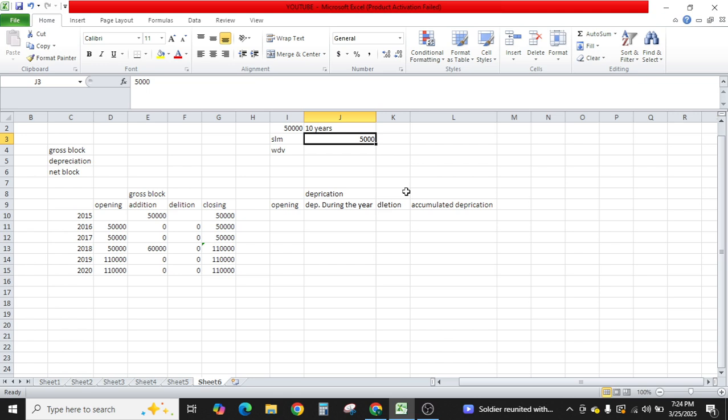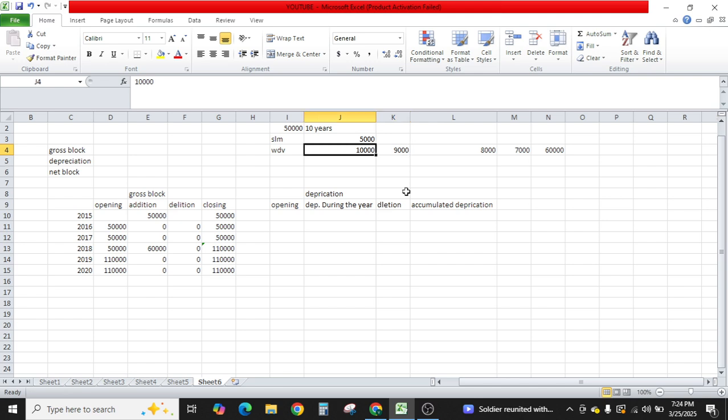Now in WDV, in initial years, like for 2015, the depreciation will be high. Maybe it will be 10,000, then 9,000, then 8,000, then 7,000, then 6,000, and so on.